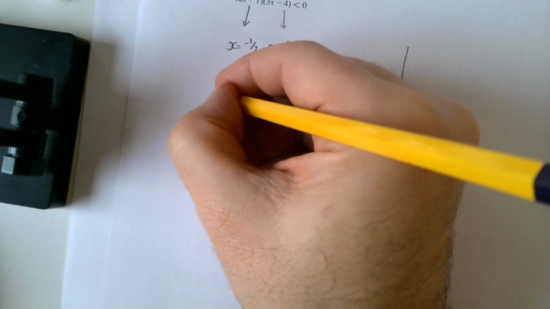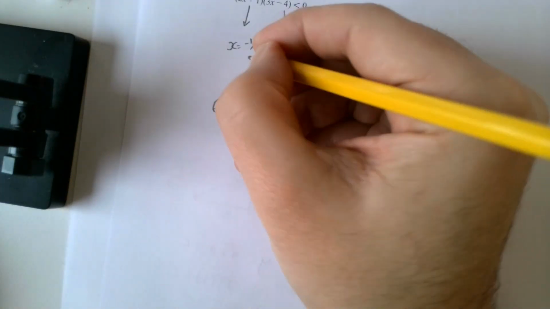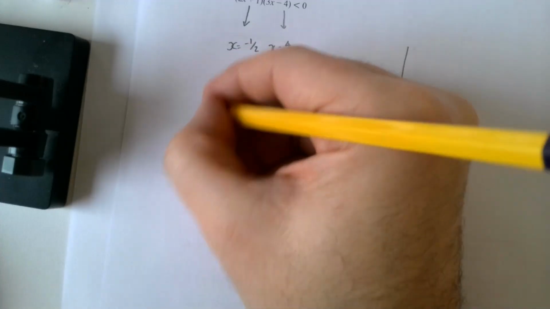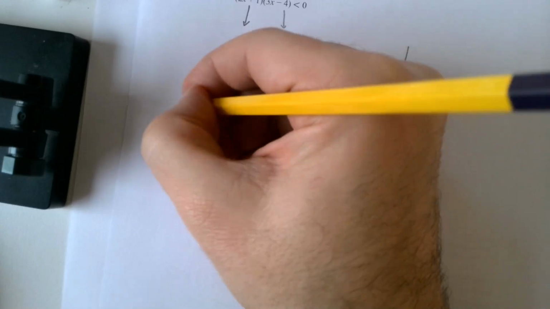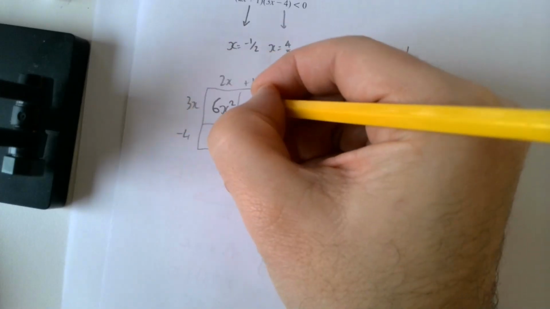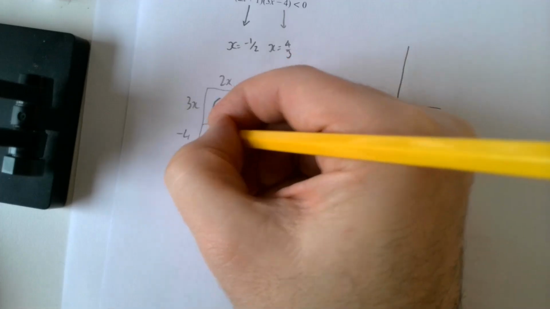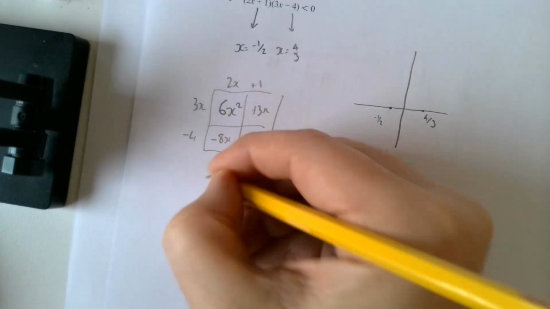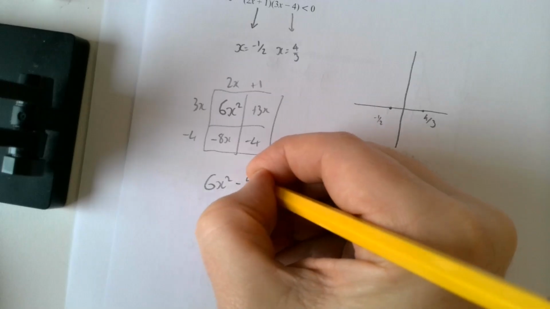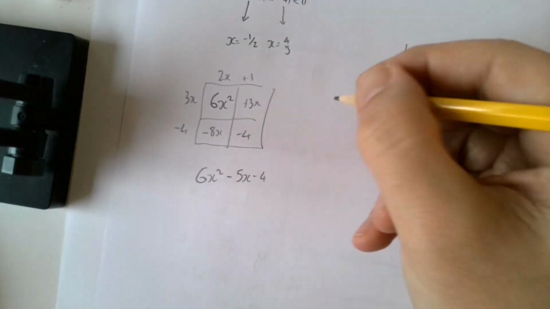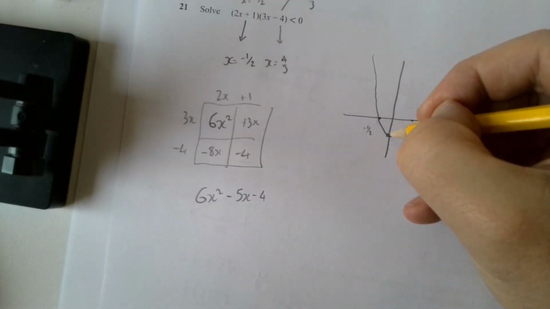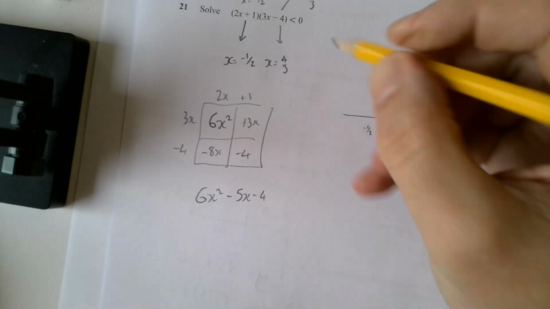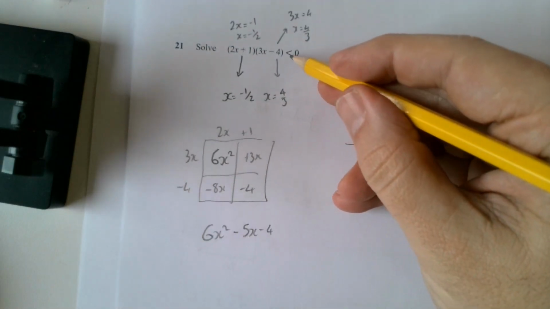If I expand out my brackets, I'll get 6x squared. So let's just do that for you: 2x plus 1, 3x minus 4. This was my downfall earlier on, but forgive me. 6x squared minus 5x minus 4. So it's a positive quadratic, so it's going to go like this. It says, when is my line less than 0?